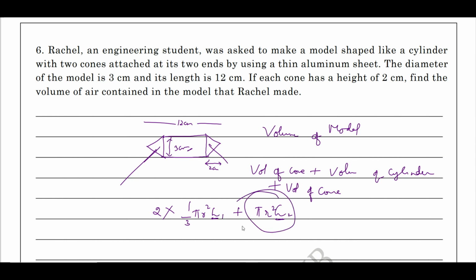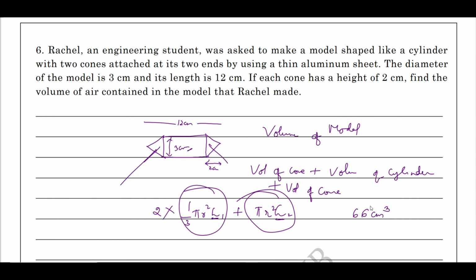Find out the volume of cylinder separately and volume of cone separately and add, you will get the volume of the model. If you calculate, it will be 66 centimeter cube. So do try to solve this question and try to post your answers in my Telegram channel.